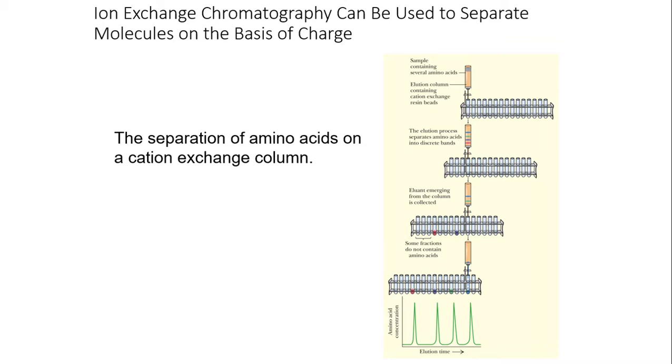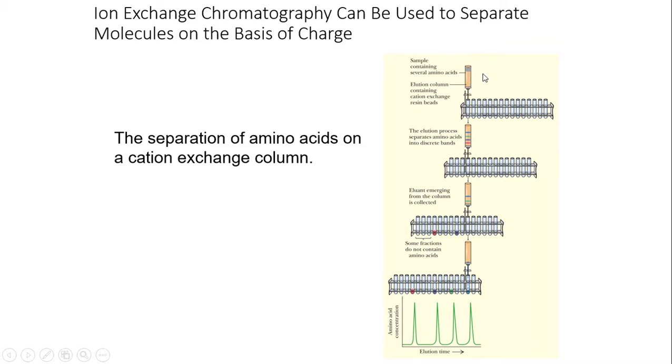So here's a little example of what that exchange looks like. Here we have our column that contains our resin. We put a sample in that contains lots of different amino acids.